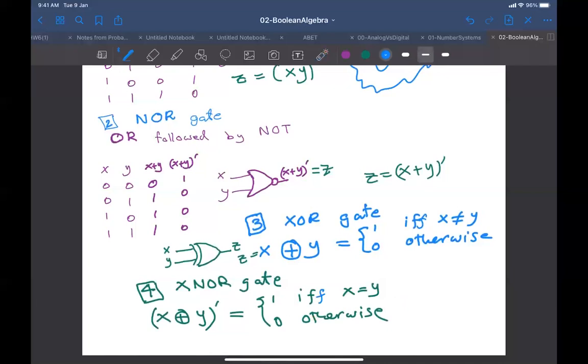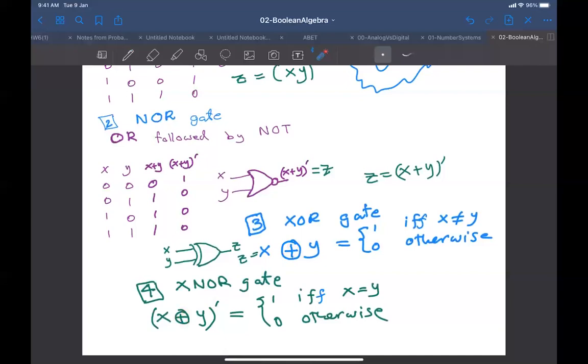And the algebraic symbol for the XOR is this symbol here, a plus surrounded by an O, and it's called an O plus. For the XNOR, we don't have a symbol. It's just XOR, and then you complement the XOR, because it's nothing but an XOR followed by an inverter.